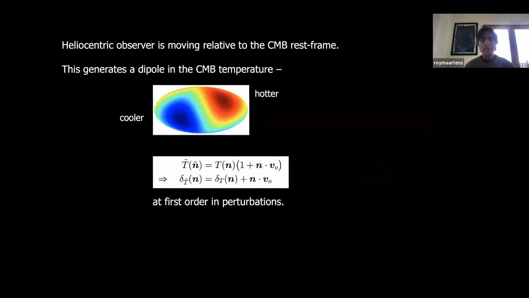So when n dot v naught is 0 in the equatorial plane, you see no difference. In the forward direction, n dot v naught has its maximum value. In the backward direction, it has its minimum value. So that accounts for the picture that we see on this slide. And this I'm writing down at first order in perturbations. So everything I do in this talk is at first order in perturbations.